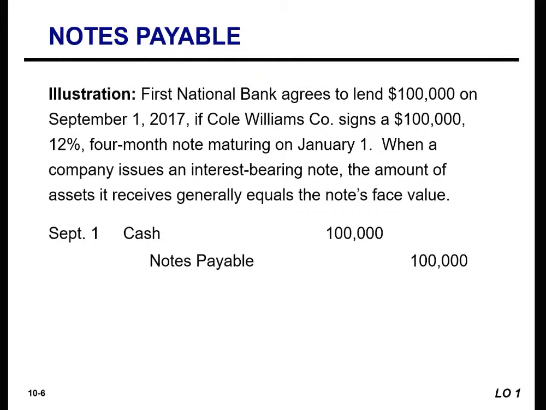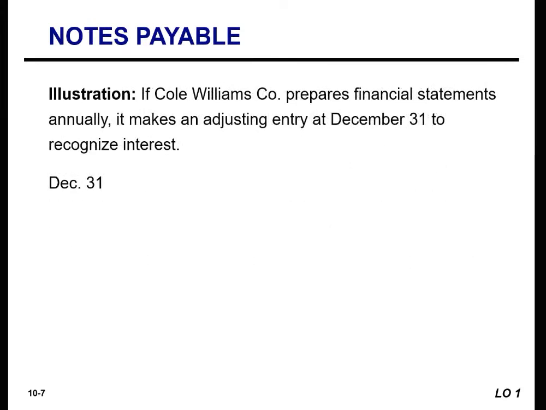Now, through the life of the note, we need to record the interest as it accrues. In this case, because our financial statements are going to be prepared on December 31st, we need to accrue the interest that has been incurred through that date.